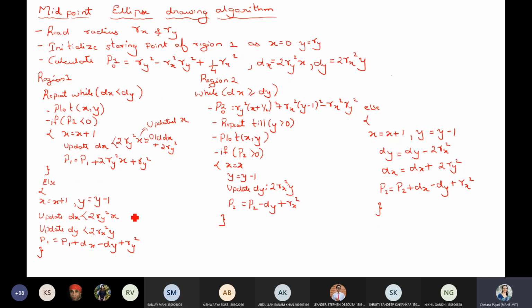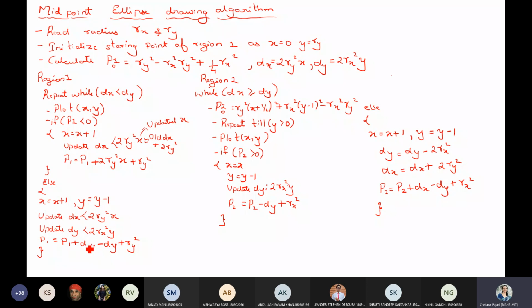Instead of writing this, you can write old value of dx plus 2 ry square, and in this case old value of dy plus 2 rx square. Okay, so you can either do addition there or you can just do the multiplication. Next, then you are going to update your decision parameter value. That is P1 is equal to P1 plus, I have written dx and dy, this is from our equation.